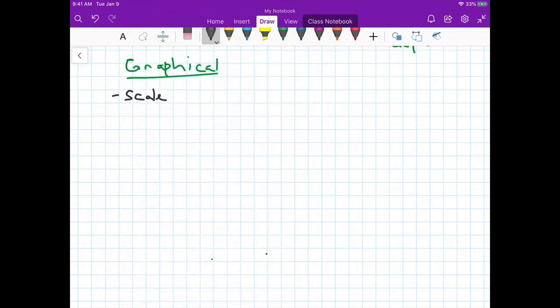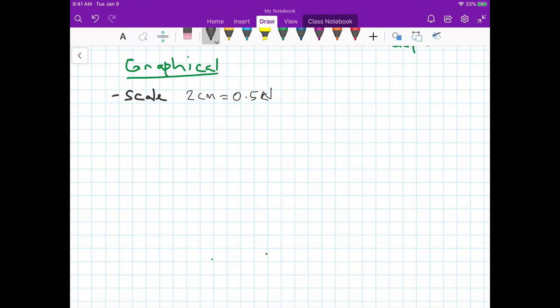Let's say, for this particular case, 2 centimeter equals 0.5 Newton. So 2 centimeter on a graph is equivalent to 0.5 Newton.